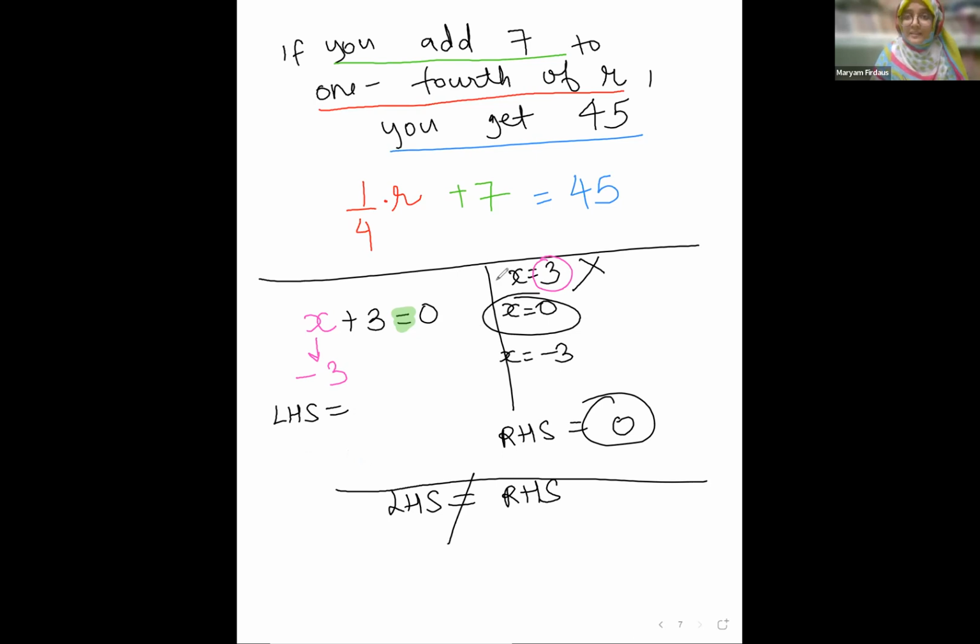What is the left hand side? 0, because it is -3 plus 3. So -3 plus 3 is 0. So left hand side is 0 and right hand side is also 0. So we can say that the left hand side is equal to the right hand side. Get it? Are you getting it?